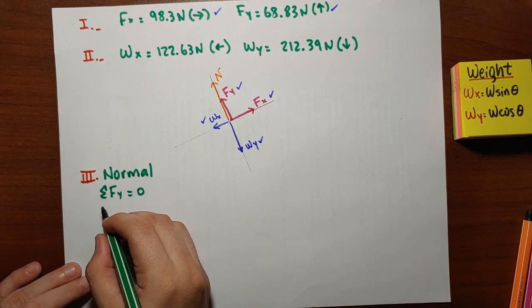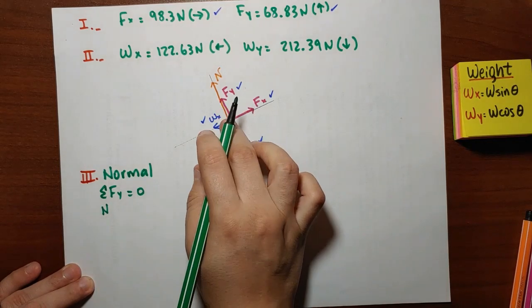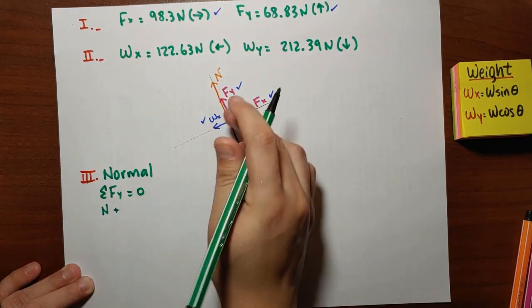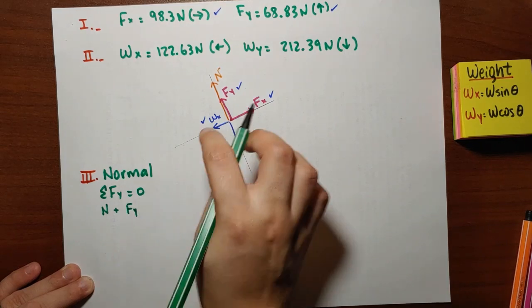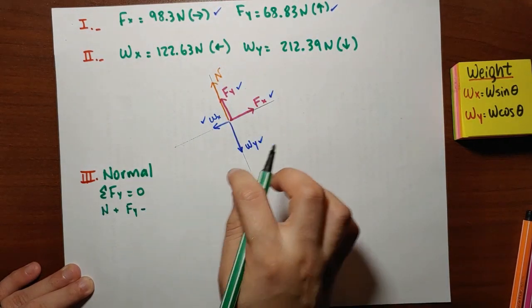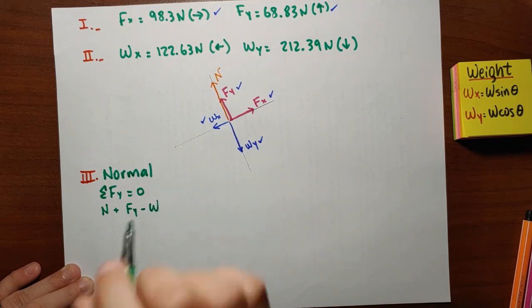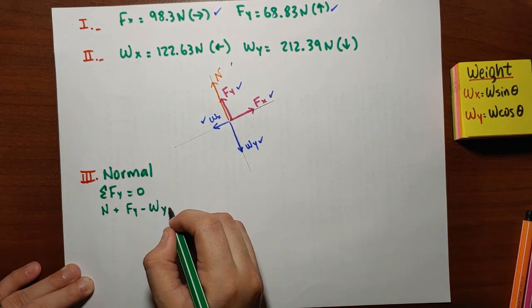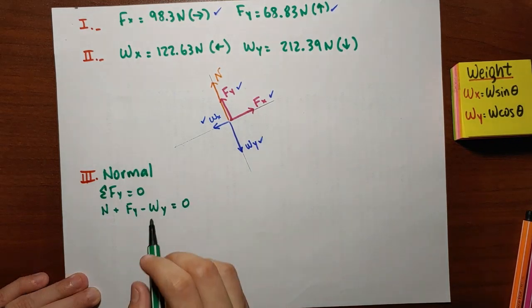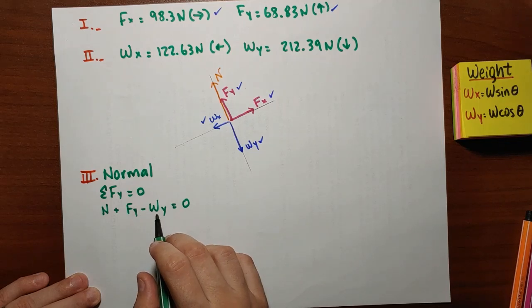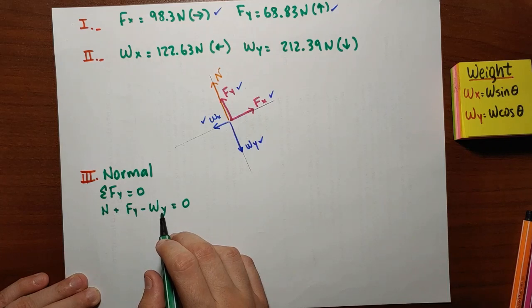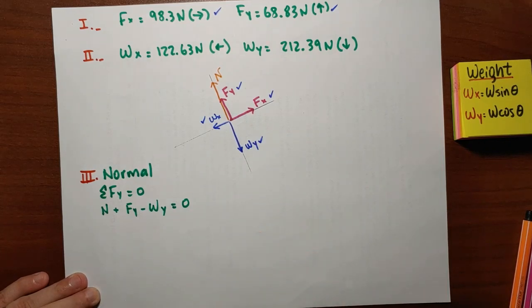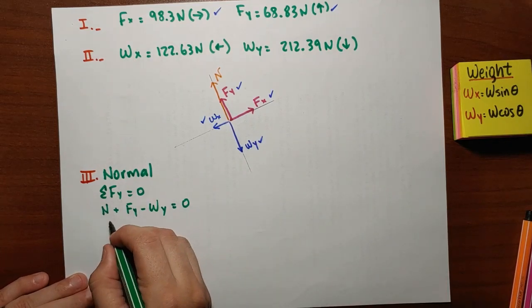So we say normal, because it's going up, plus Fy, because also it's going up, minus Wy, not W, Wy, equals 0. So here we're not going to consider the weight, but the weight's component in y. So that's why we are getting this.